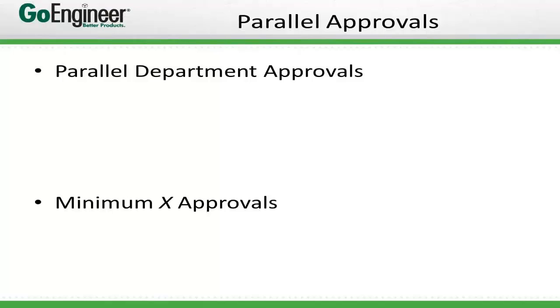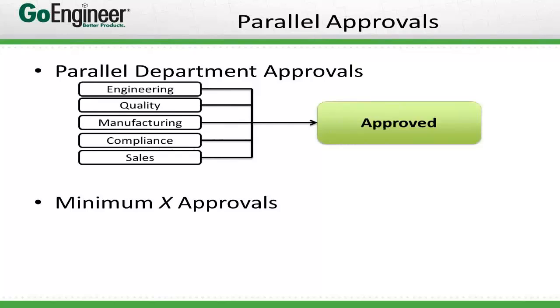So let's consider two different workflow scenarios where parallel workflow approvals might be used. In the first, we require one approver from each department, and every department must approve. I'll call that the parallel department approvals.